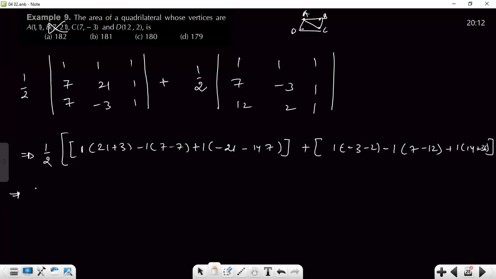We need to be very careful about the calculations. 21 plus 3 becomes 24. 7, 0. This becomes minus of 21.